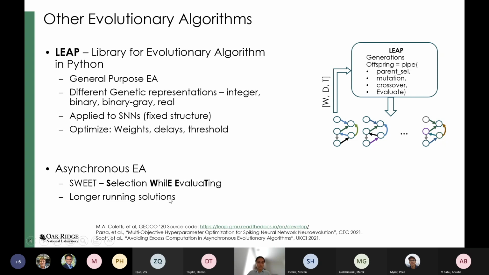This has been published in the UKCI proceedings last year. This asynchronous EA, called selection while evaluating, is interesting for control problems, where different networks may take different times to evaluate, and it saves on the overall runtime of the evolutionary algorithm. We were able to show roughly a 2x improvement in the takeover time, or the convergence time, for this asynchronous EA with the selection while evaluating strategy.